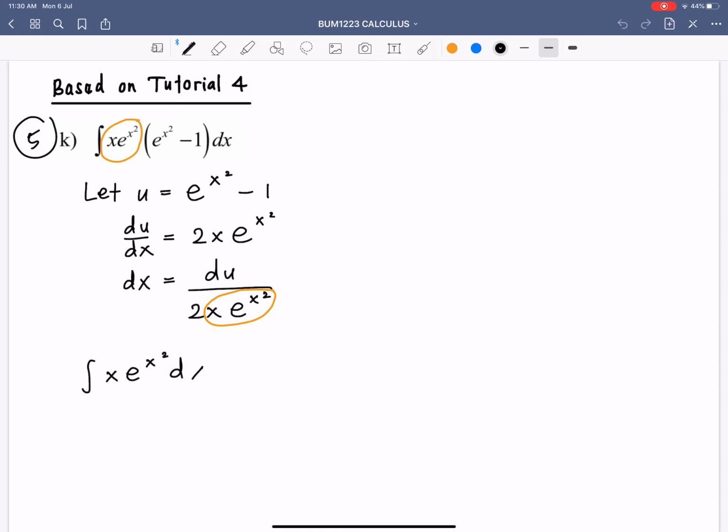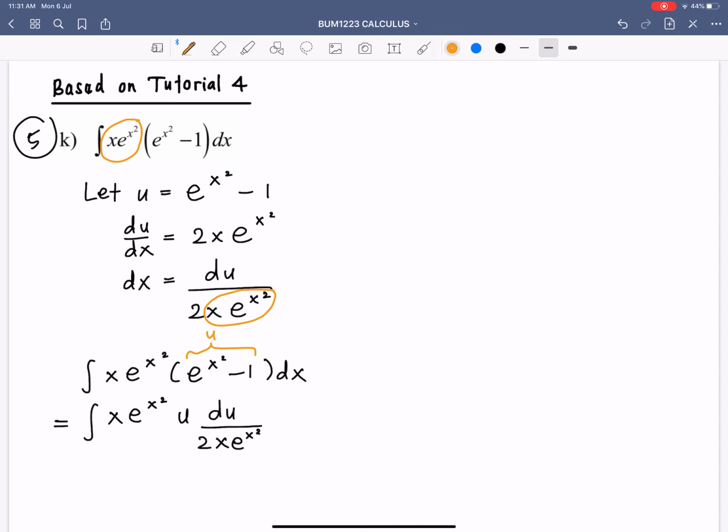So the integral of e^(x²) minus 1 dx, it is equal to the integration of x e^(x²). Just now we know that this is u. So dx is du over 2x e^(x²).